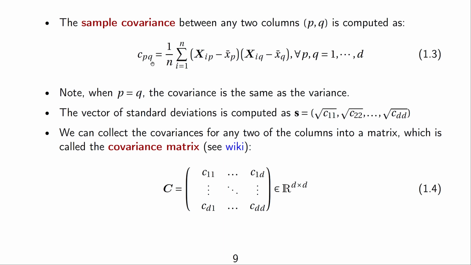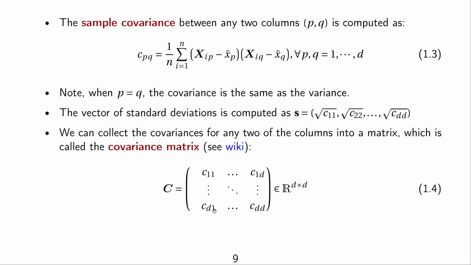That means if we put all these covariances into a matrix, let's look at this matrix down here, then again we see the matrix has dimension d times d, and so CD1 is the covariance considering dimension d, the last dimension, and the first dimension.